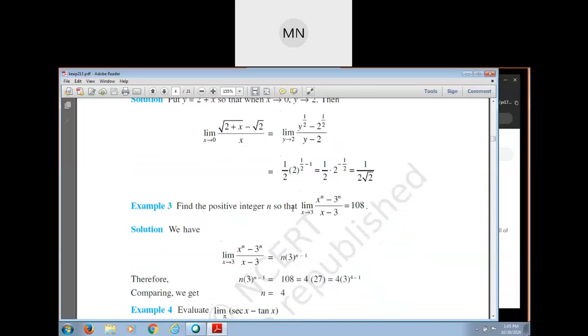Find the positive integer n so that limit x tends to 3, x to the power n minus 3 to the power n divided by x minus 3, equals 108.